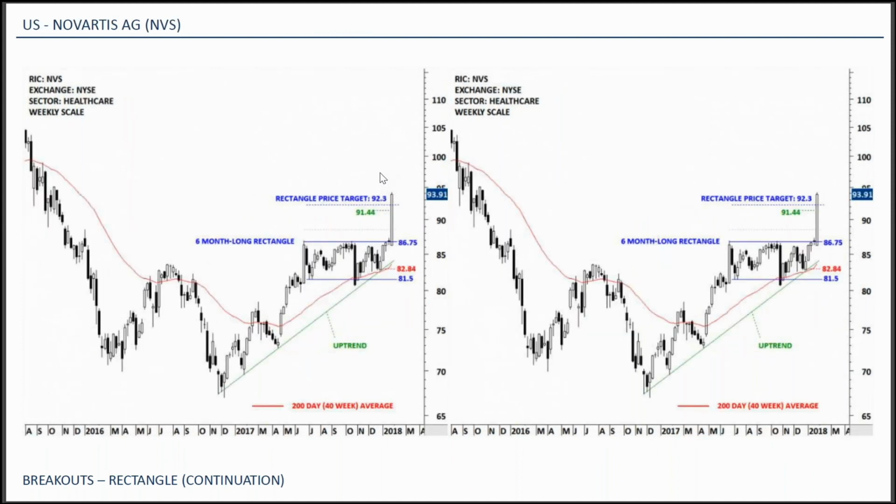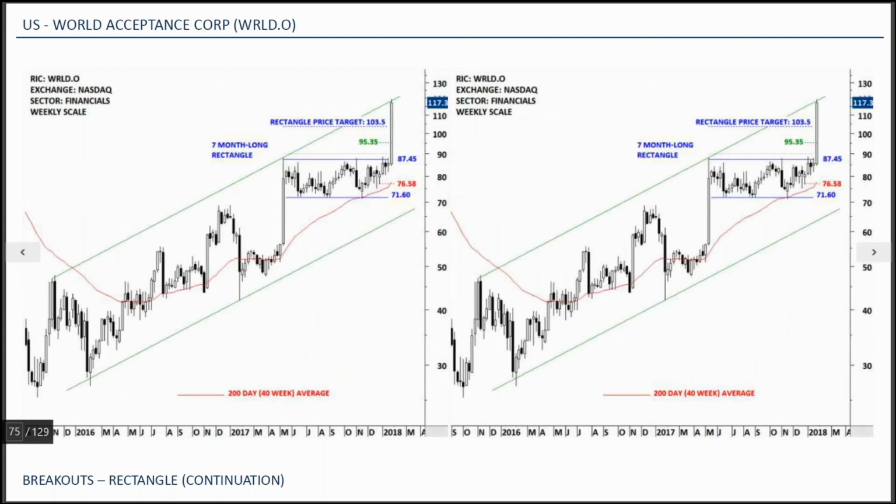A Swiss company listed in the US, a strong breakout from a rectangle. As I said, tight consolidations can break out very strong because there is a lot of energy built in those types of consolidation periods.